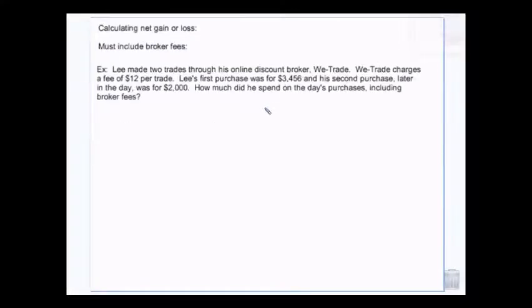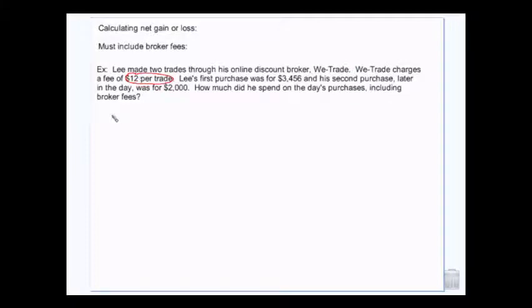When we look at this, we have two trades through an online discount broker, WeTrade. WeTrade charges a fee of $12 per trade. Okay, so his first purchase was for $3,456. His second purchase was for $2,000. How much did he spend? Okay, this is a flat rate per trade.